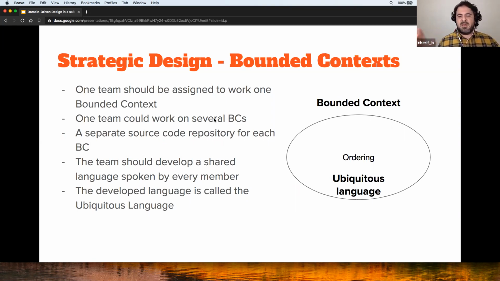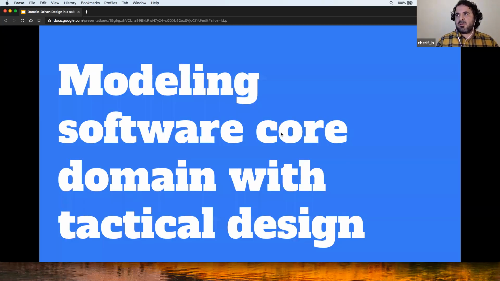So every bounded context should have one team, and one team can work on several bounded contexts. And the team will speak one language, the ubiquitous language, and this language will be shared between the team members. So we will get a good understanding of the domain.